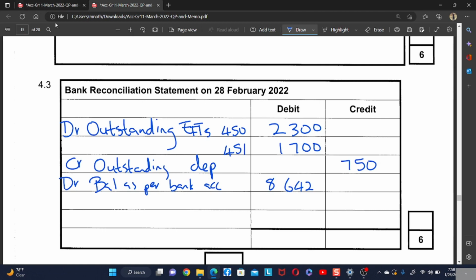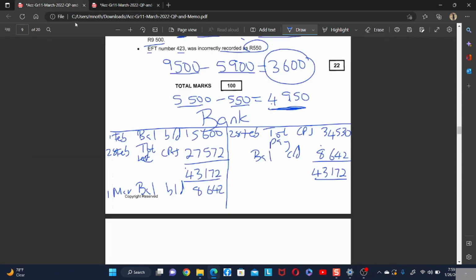If you check, the bigger side here is the debit side. So it is 12,642.